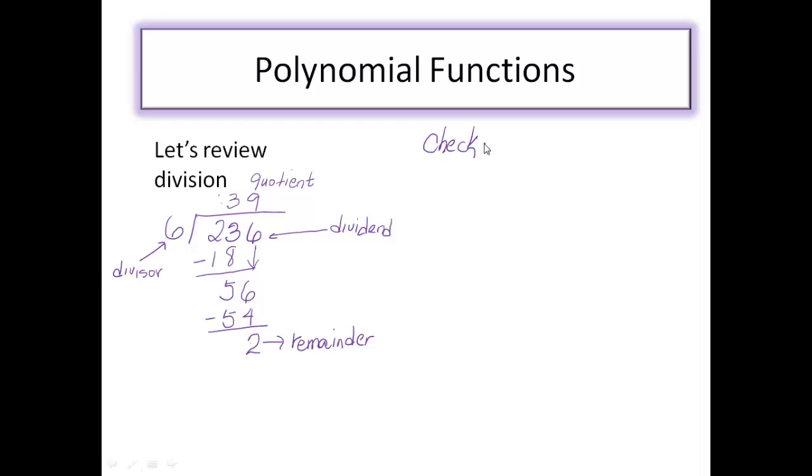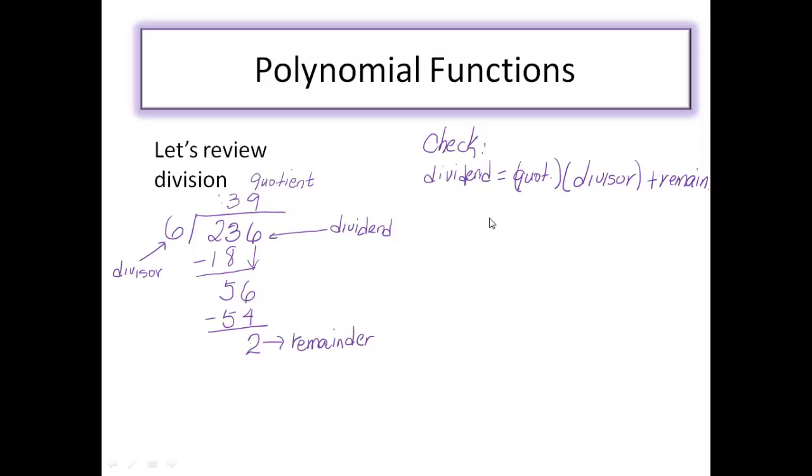To check, this is what we do. We say, well, our dividend is going to be equal to me multiplying my quotient times the divisor plus the remainder. So let's do that.